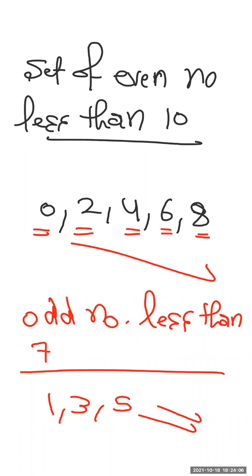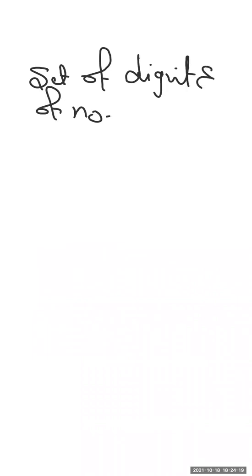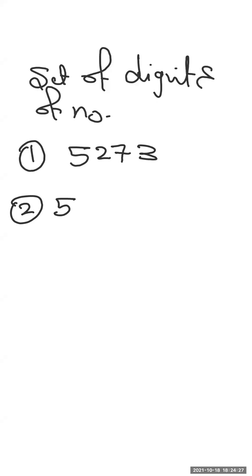There is one important point, actually. If the question is like this: set of digits of number 1, 5,273, number 2, 5,225.